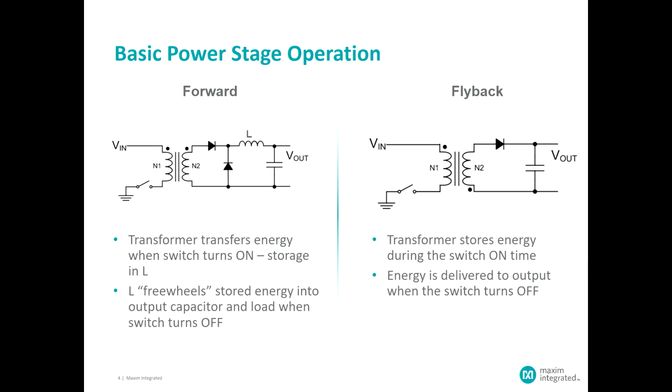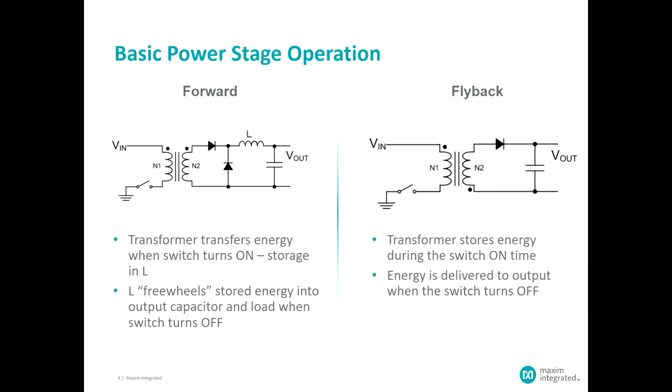When the switch is opened and current is stopped in the primary, it also is stopped in the secondary. That means the rectifier in series with the secondary serves as a blocking function, and now the only place where inductor current can flow is through the freewheeling diode up from ground and directly to the output filter.